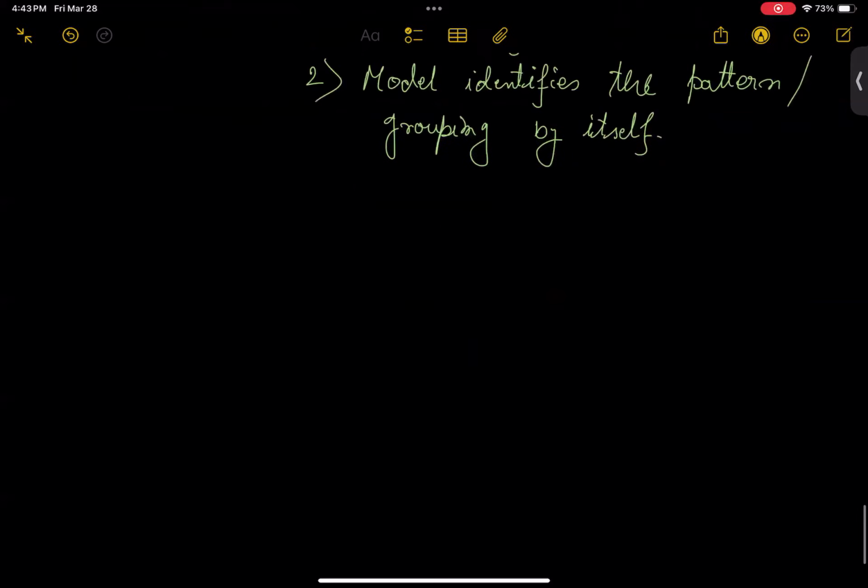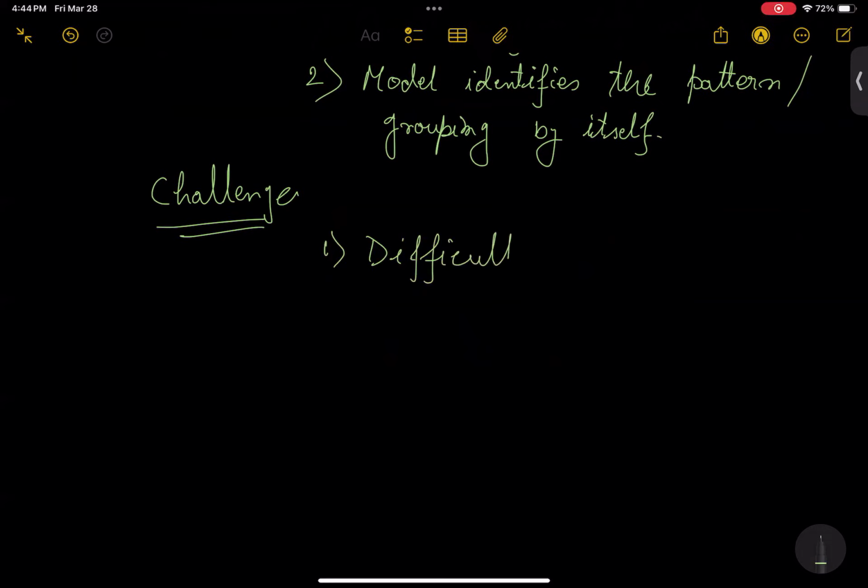The challenge is that it is difficult to evaluate, because the data is not labeled. There is no ground truth. The challenge is also that it depends a lot on human interpretation.